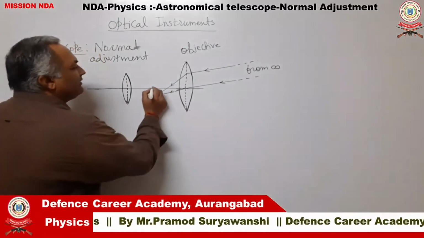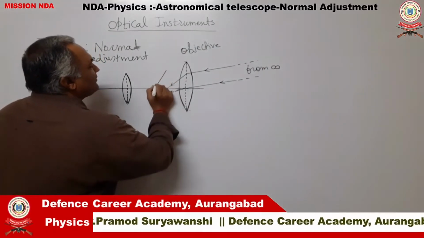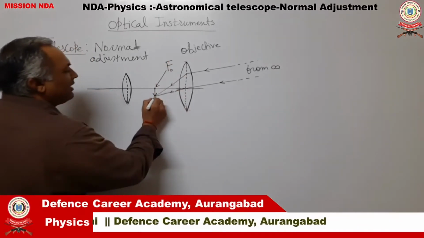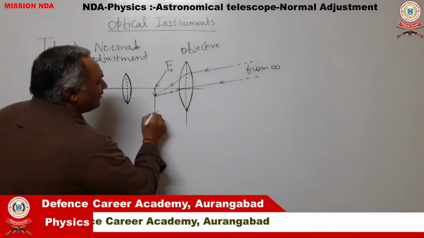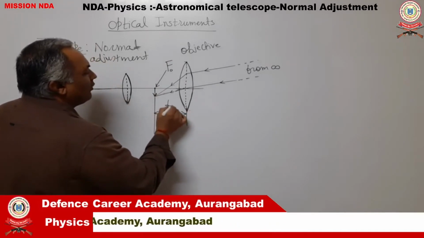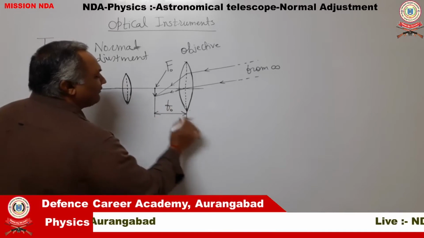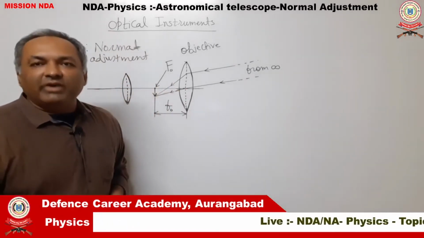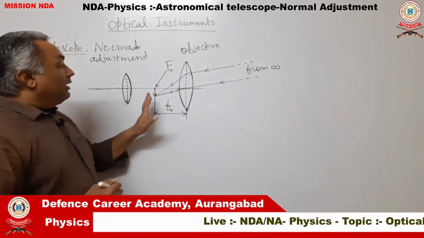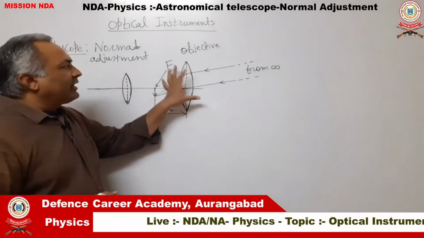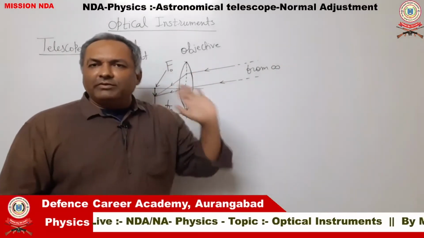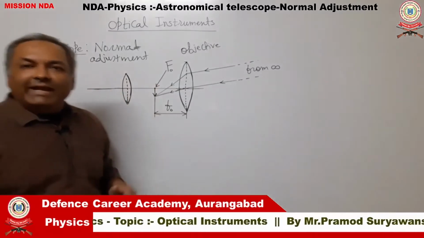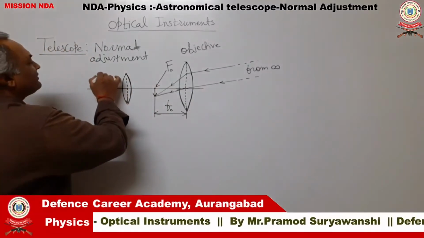That is why this point here is the focus of the objective. Further, the distance here will be equal to the focal length of the objective, denoted by fo, where o stands for objective. Now, for a moment, forget the objective lens. You have this object placed in front of the second lens, that is the eyepiece.